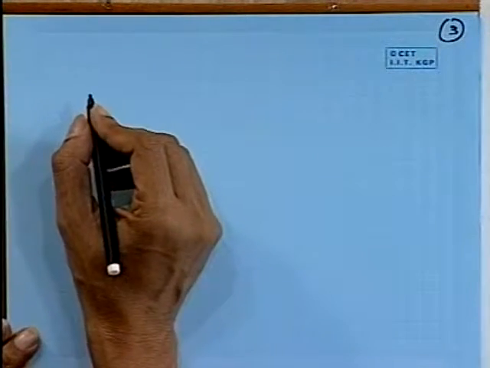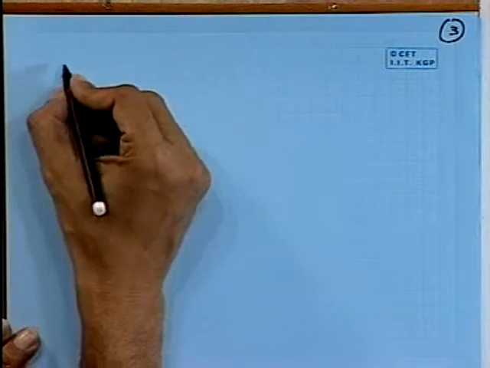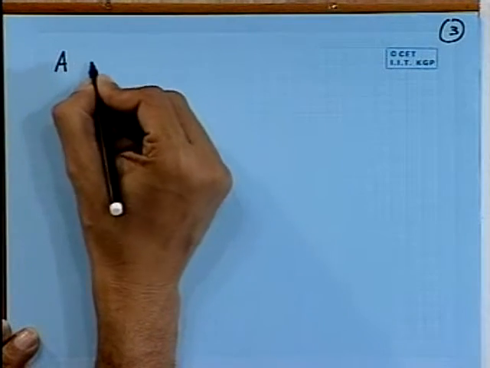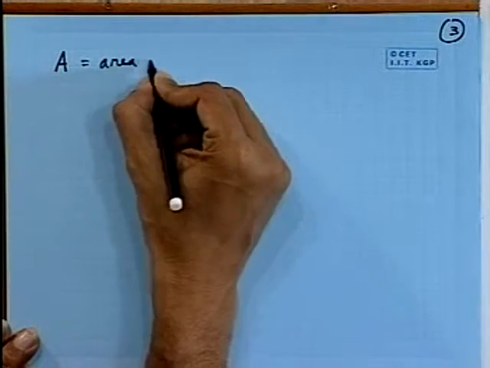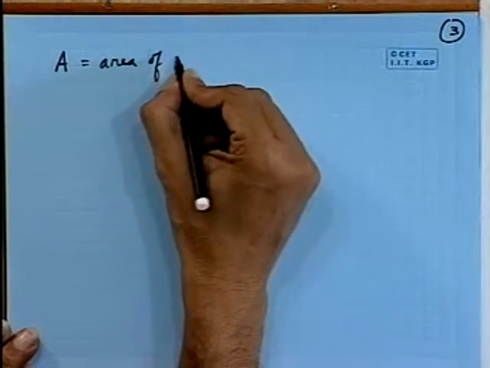Third one is A, your original water plane area, or area of water plane WL.